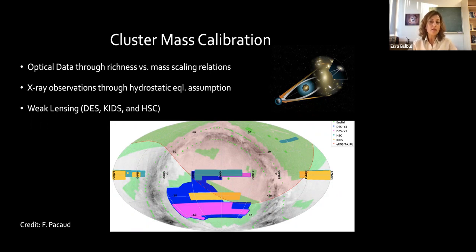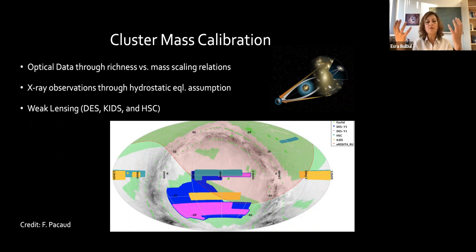The building block to cosmology from eROSITA observations goes through the mass calibration. After determining the X-ray properties of these clusters and their number distribution, we need to somehow connect that information to the mass function, which is a very sensitive probe of cosmology, right?